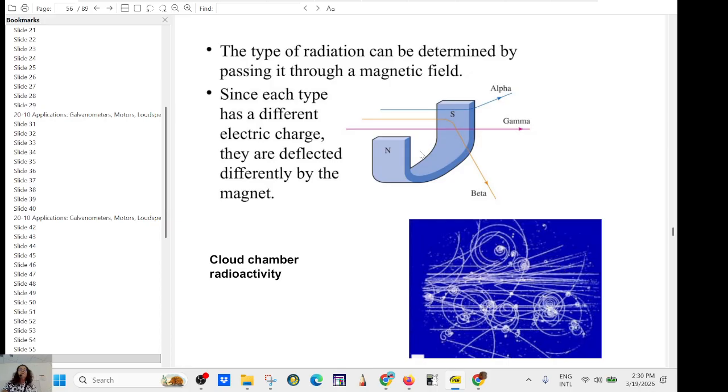So, for example, a typical question for test number 3: you have 3 radiations coming, and they are moving, so they do have a velocity, and here you have a magnetic field. The magnetic field goes from north to south. Yes, alpha particle. Do you think it is positive or negative? Use your right hand.